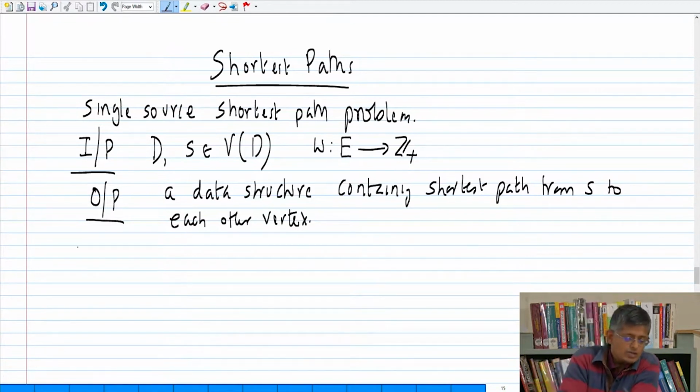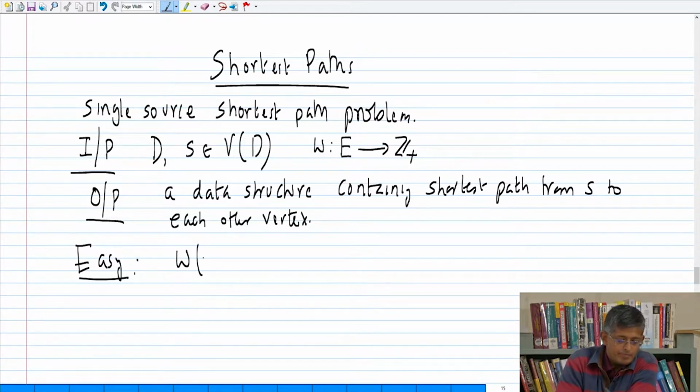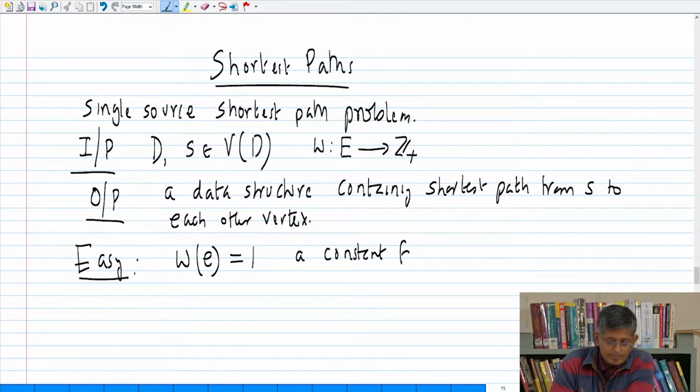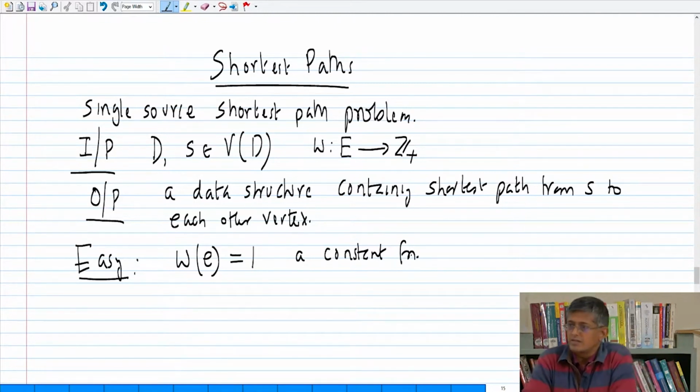So let's quickly eliminate the easy case. So if the edge weight is a constant function, W of E is 1, can you give me an efficient algorithm? BFS, right? So that's quite obvious.